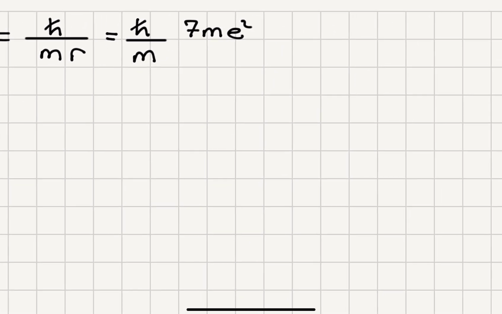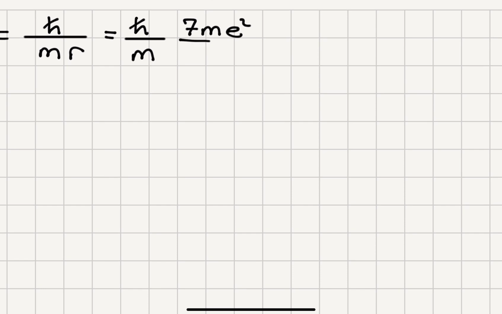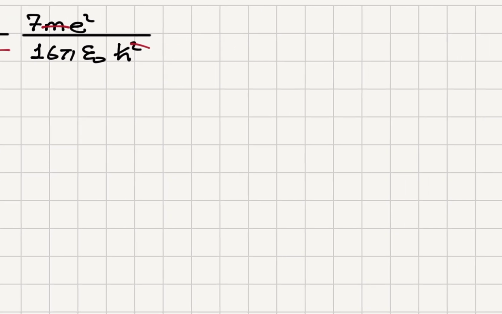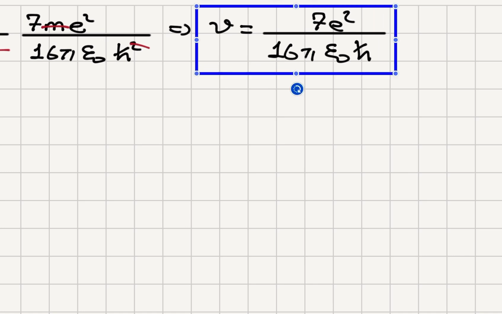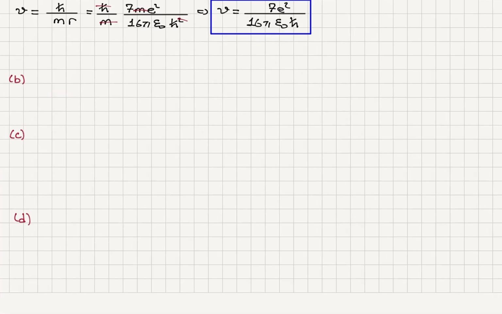So 1 over the radius is 7 m e squared divided by 16 pi epsilon 0 h bar squared. So one of these h bars disappears and these m's disappear. And I find that the orbital speed v is equal to 7e squared divided by 16 pi epsilon 0 h bar. Okay, and I can calculate this.